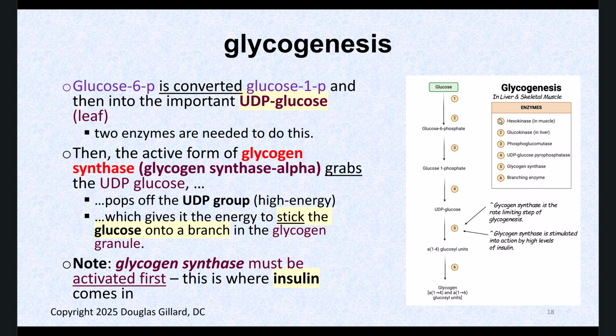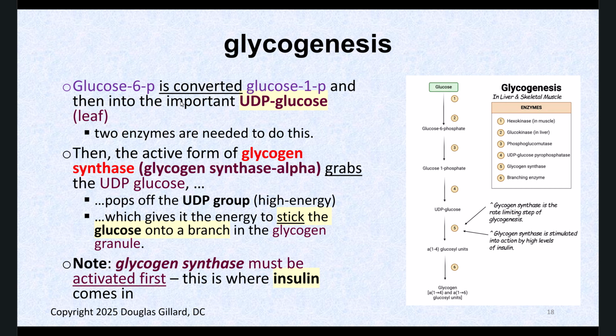The hexokinase is the one that converts it into glucose 6-phosphate. In the liver, it's glucokinase. In muscle, it's hexokinase. That's actually hexokinase 2, I believe. Remember, the AKA for glucokinase is hexokinase 4. But anyway, this is the path we're going to go through. So let's just go through it.